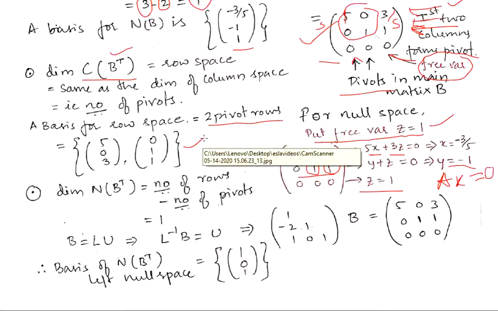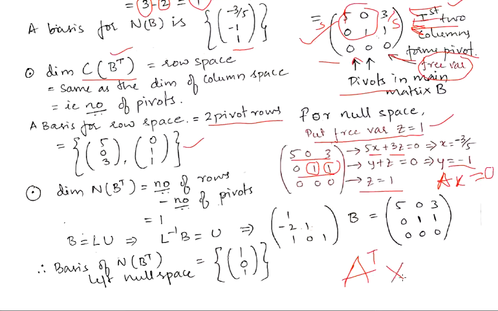Left null space means, I told you, it is A transpose X is equal to 0. It is the value of X. For null subspace, it is Ax is equal to 0. For left null space, it is A transpose X is equal to 0. It is similar to the dimension of null space, right?